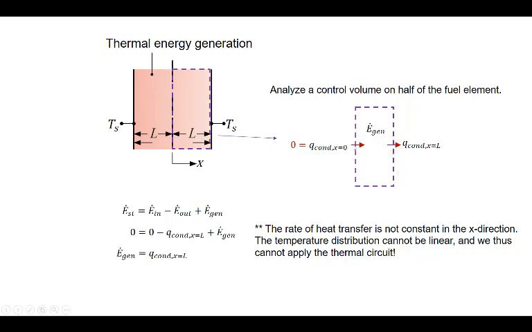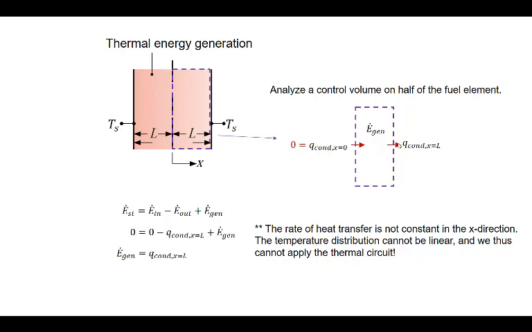We thus must conclude that the rate of heat transfer is not a constant throughout the cross-section of the fuel element. This is a result of the thermal energy generation within the volume. Because the rate of heat transfer is not a constant in the x direction, the temperature distribution cannot be linear, and we thus cannot apply the thermal circuit idea from Lesson 7.